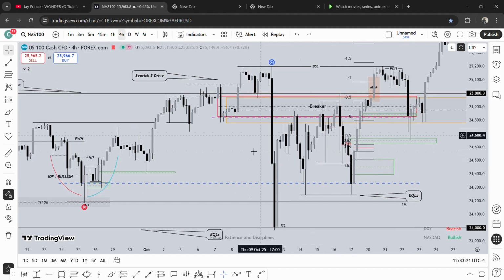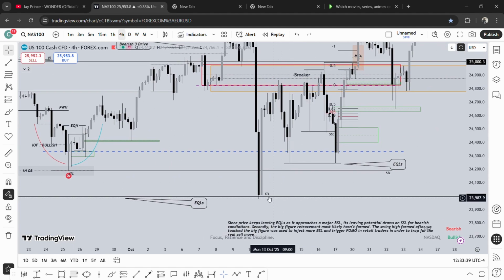Since I understand that price has taken out a significant level above, buy side liquidity, and then we made this grab on sell side liquidity, and then started moving back, it's obvious that this low over here is an intermediate term low.